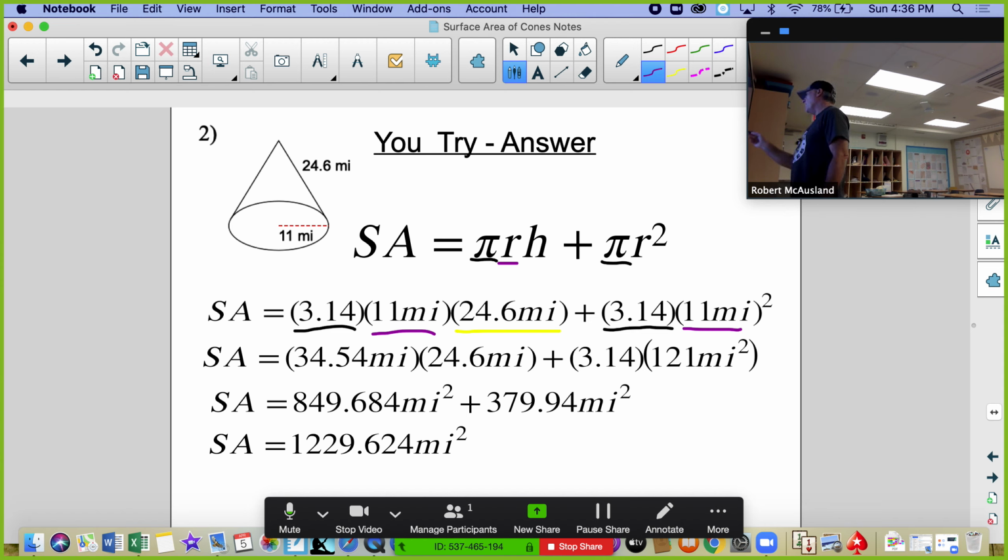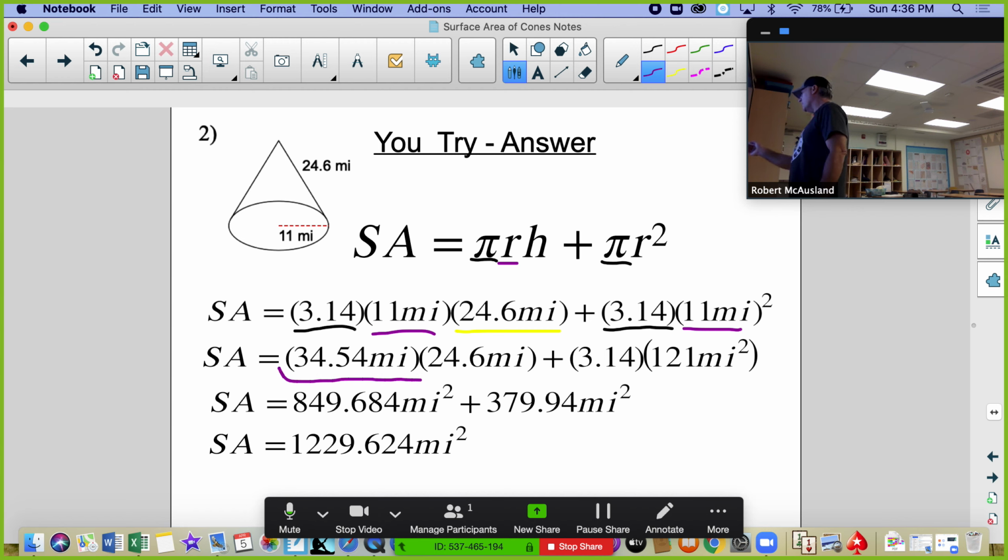So 3.14 times 11 miles gives me 34.54 miles. And then we're going to multiply it by the height. And then here we have 3.14 times 11 miles squared, which gives us 121 miles squared.